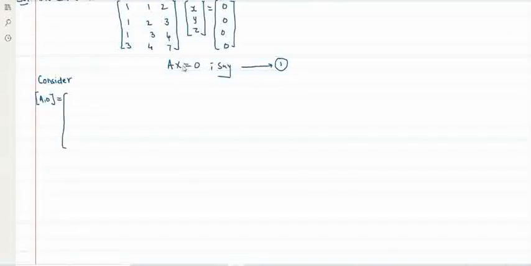Attach one more column, that is 1, 1, 2, 0, 1, 2, 3, 0, 1, 3, 4, 0, 3, 4, 7, 0. So the last column is identically 0. That does not affect the rank. We follow the same process, so you can use a vertical line to make a difference.